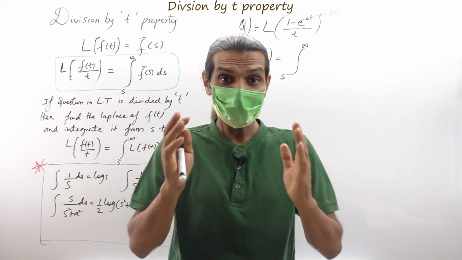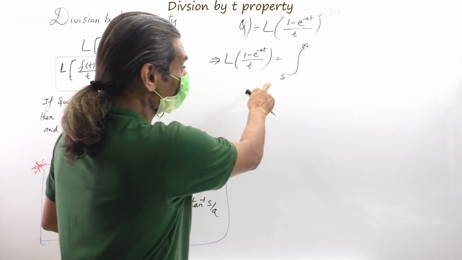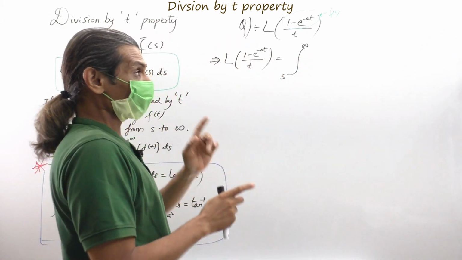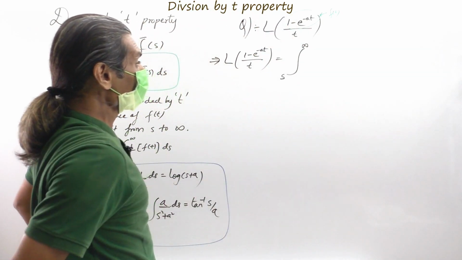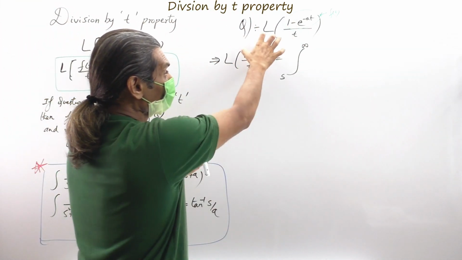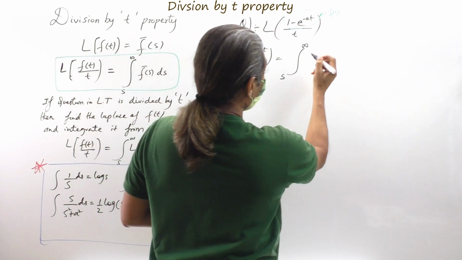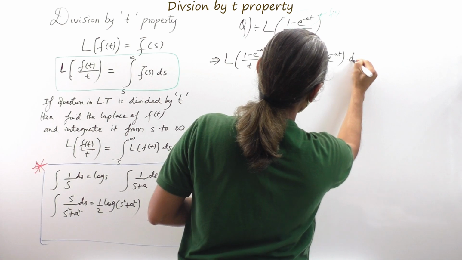So, do not mistake, that is only for the general formula of Laplace, but for the property the integration is from s to infinity always. The divided by t property has a limit s to infinity, fine. So, it says s to infinity Laplace of 1 minus e raised to minus a t ds.